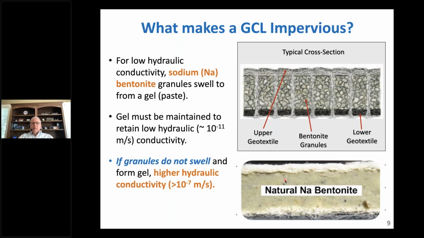On the other hand, if we're in a geochemical environment where those particles in the artist's rendition above don't swell and don't hydrate and don't form a gel, and there are conditions where that happens, then effectively we'll have something that's sand-like, and it'll be very, very permeable, 10 to the minus 5 centimeters per second, sometimes even higher. So this transformation is critically important, and we need to understand why it occurs and when it occurs.